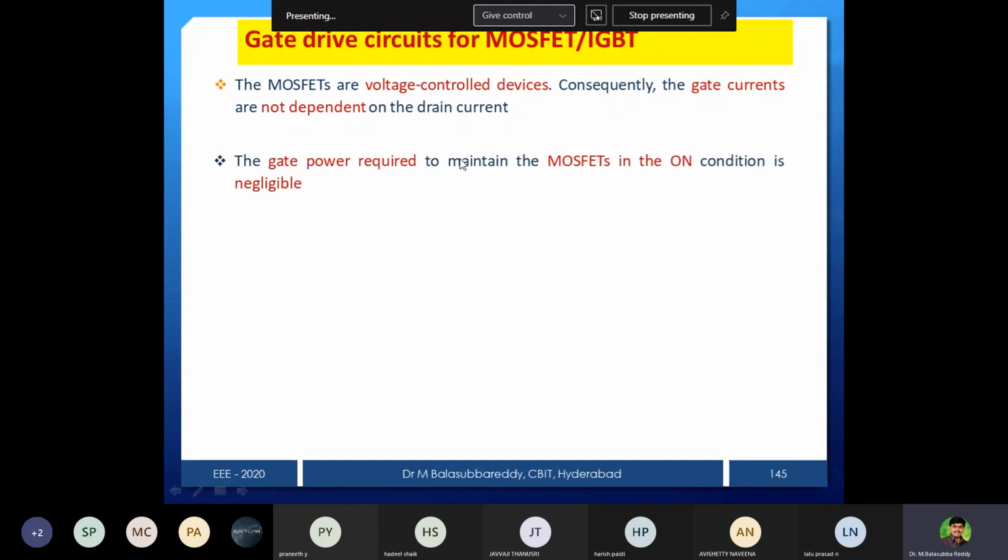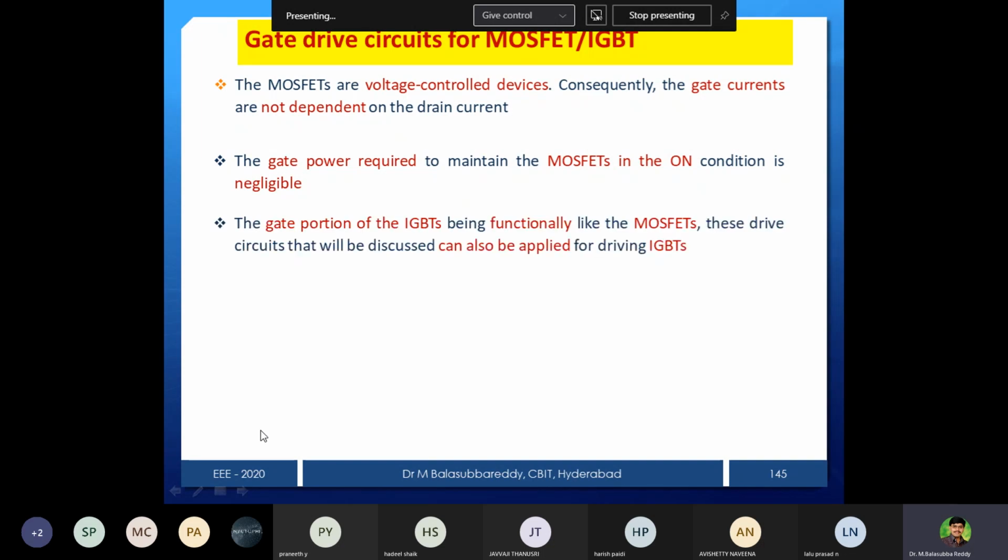The gate power required to maintain the MOSFET in the on condition is negligible. Only a very small voltage, up to the threshold voltage, needs to be applied to trigger it. Gate protection of the IGBT is functionally like a MOSFET. These drive circuits will be discussed in the applications of the IGBT.